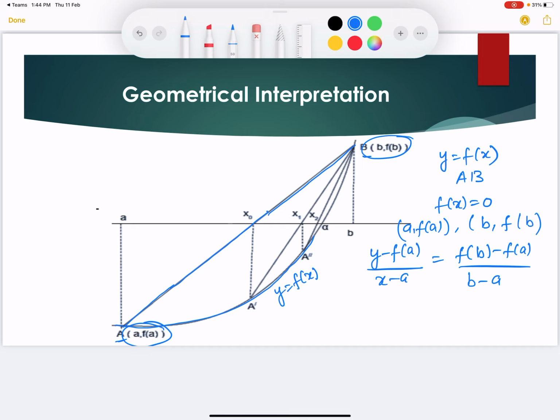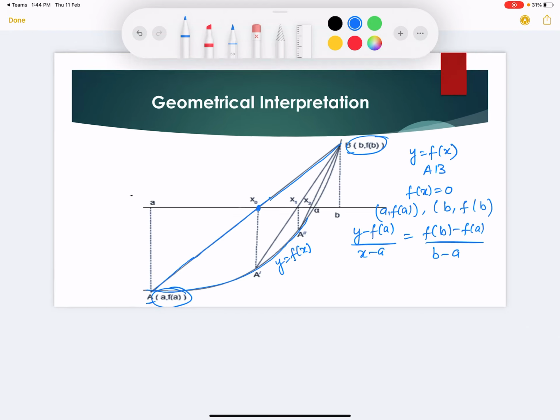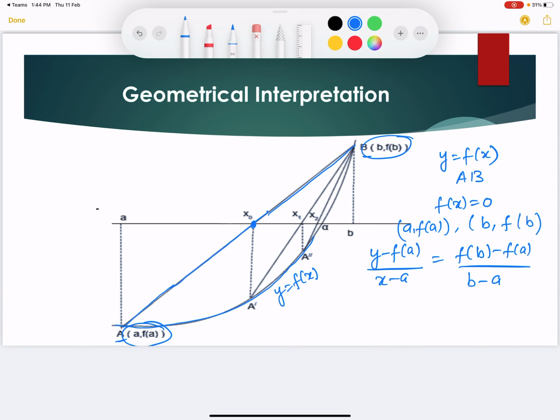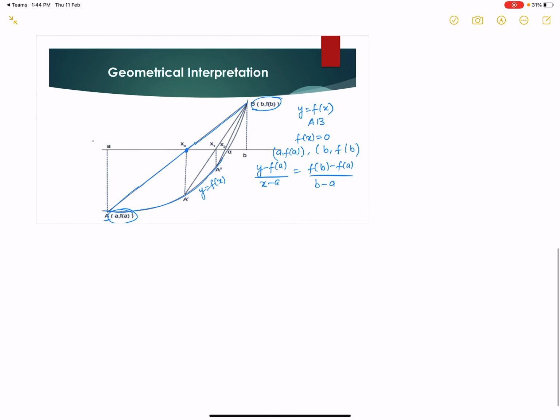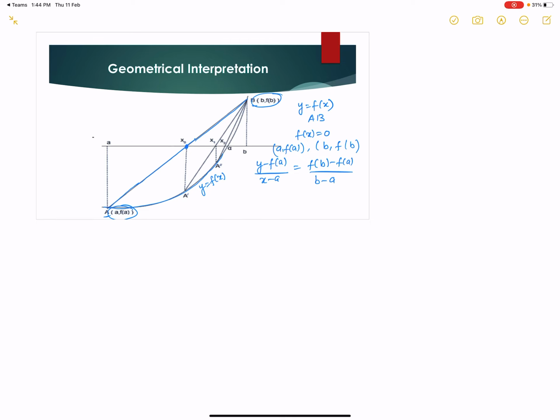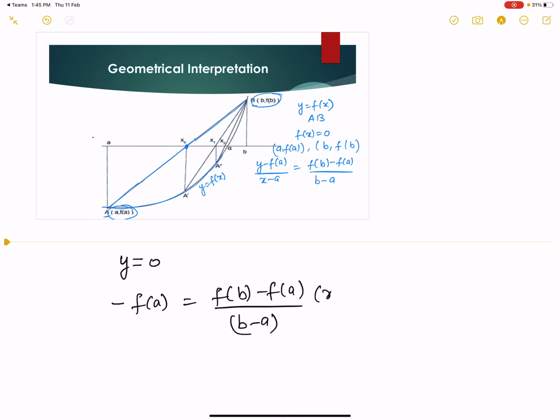Now we'll check at what point this chord intersects the x-axis. The point of intersection is obtained by putting y is equal to 0. So we get minus f(a) is equal to (f(b) minus f(a)) upon (b minus a), multiplied by (x0 minus a).